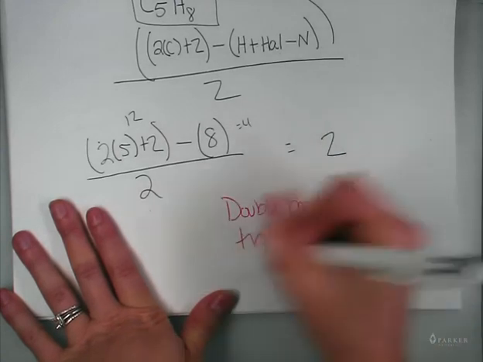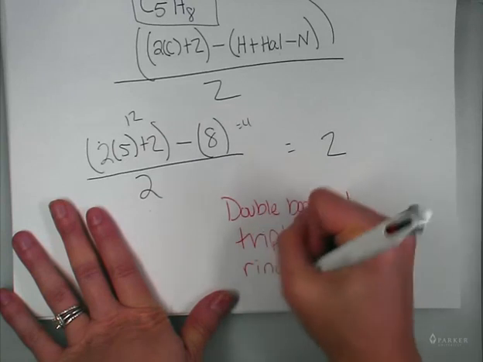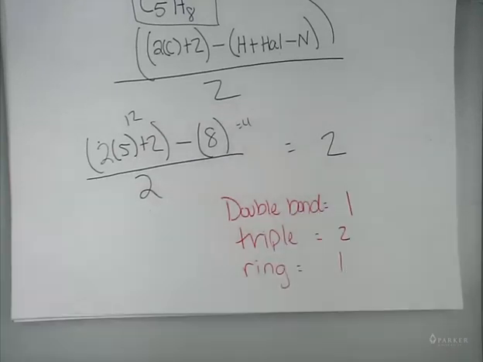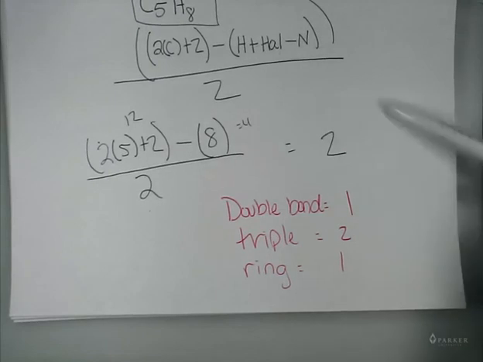Not 3, but 2. And a ring has 1. So those are really your choices: either a double, a triple, or a ring. Now, this says it has 2 degrees of unsaturation. We have no idea what that's due to. We just know that it has 2, and it lost 4 hydrogens.